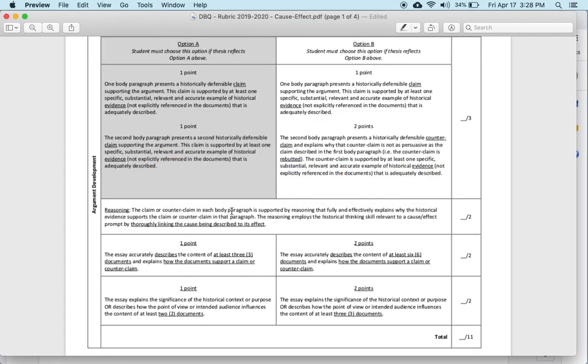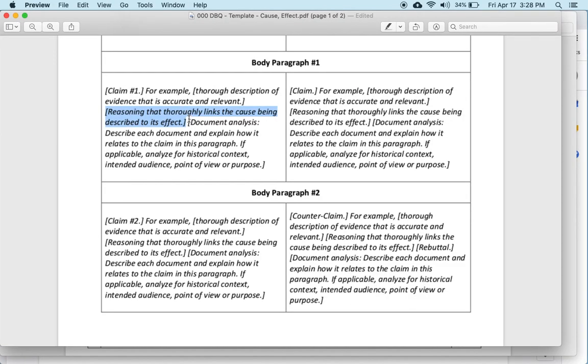Now I move on, if applicable, to this part of my template, and that is the document analysis. Aside from providing an argument with evidence that I bring to the table, they also want me to use their evidence as well. And that's the documents. And I do that in this paragraph.